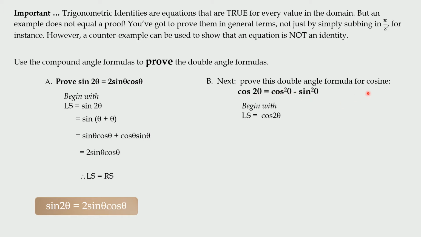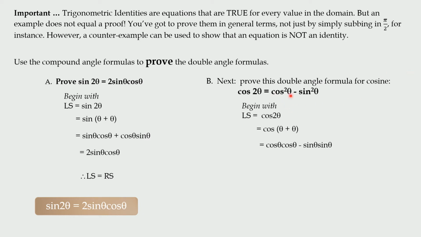So here's a strategy. We're going to start with the left side, which is just cos 2 theta. And I'm going to break it apart like I did for the last one. So for the next line, I want you to find your addition formula, your addition compound angle formula for cos, and sub in. Done? Okay. This is what you get. Cos, and you can see how it's going to equal the right side.